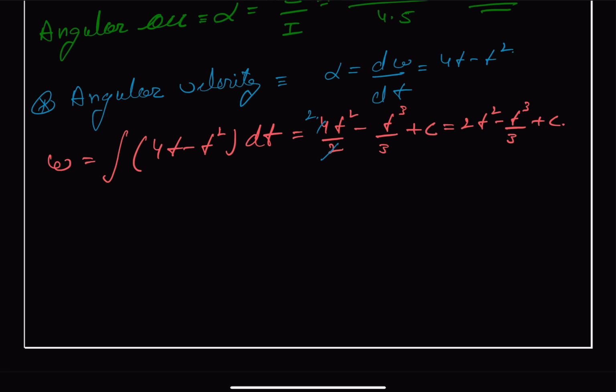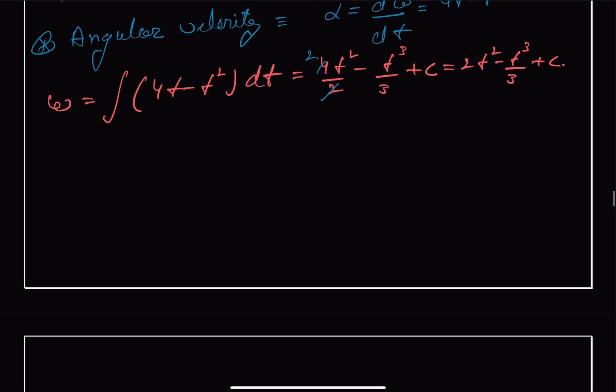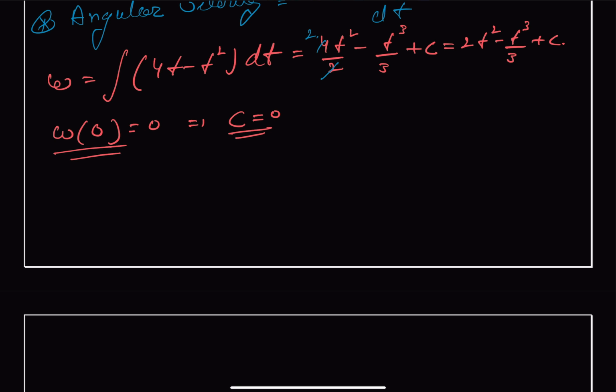Initially it was at rest, therefore omega at 0 is equal to 0, so the constant c will be equal to 0. Therefore we can write omega is equal to 2t square minus t cube upon 3.